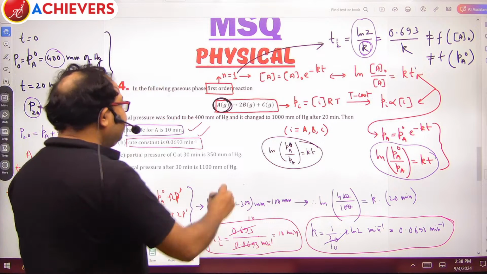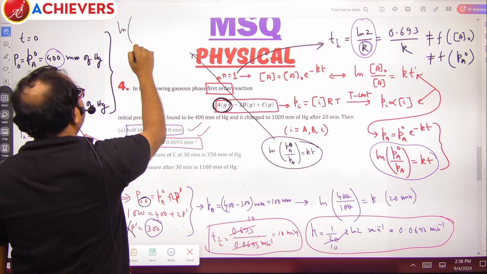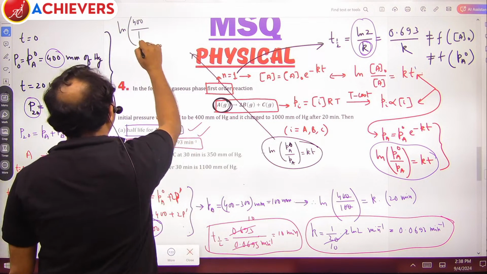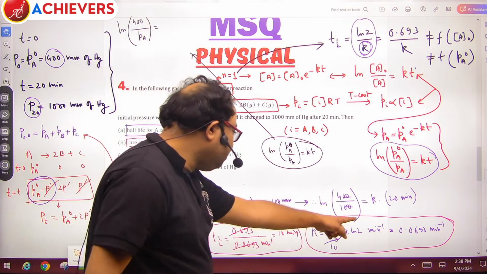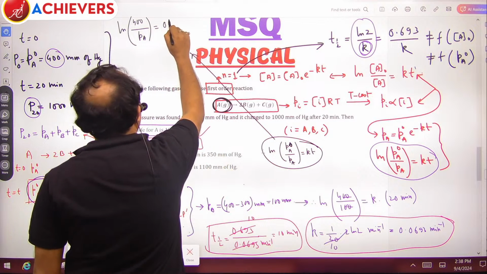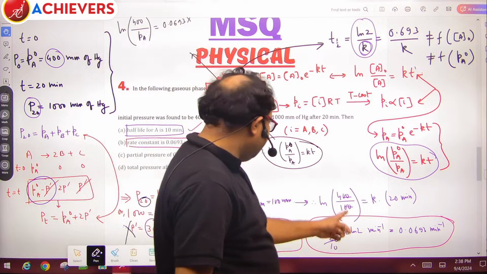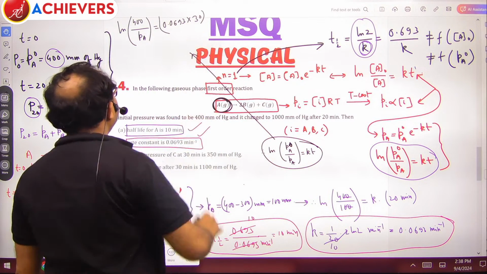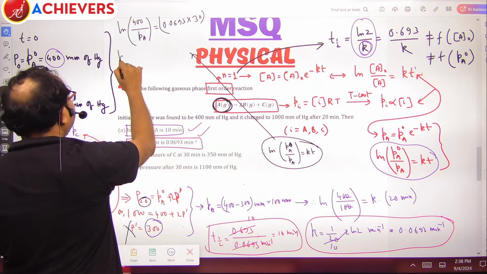If you use this particular equation, what are you getting? See, PA naught is 400, PA is unknown, K is known, 0.0693 minute inverse multiplied by 30 minutes. So it becomes unitless. So from here you can solve the value of PA.